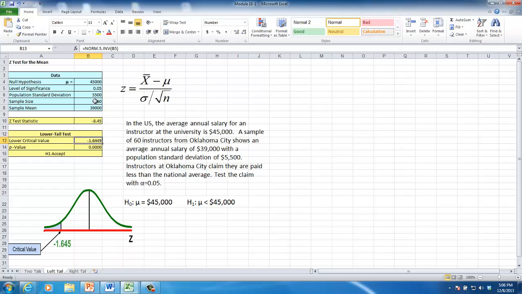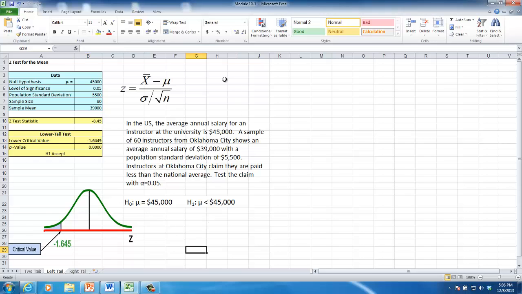Here you can notice that we are not using 1 minus B5 because we are looking to the left side already, so we can simply enter B5. If this was right tail, then we needed to put here 1 minus B5 as we did in the previous video. So the lower critical value now is minus 1.645.